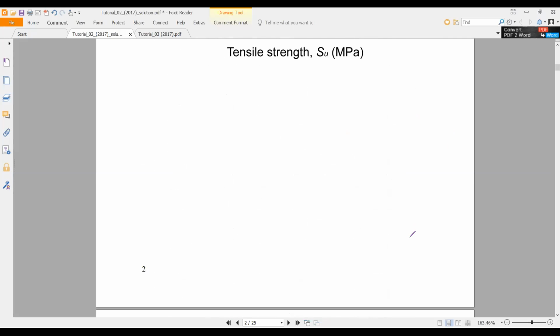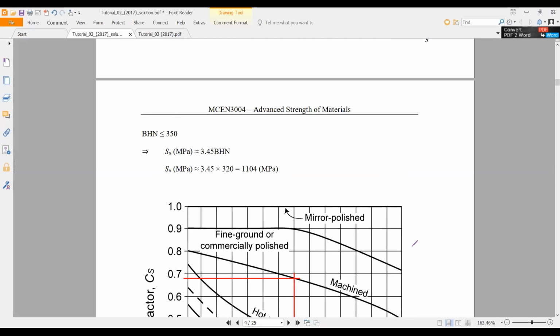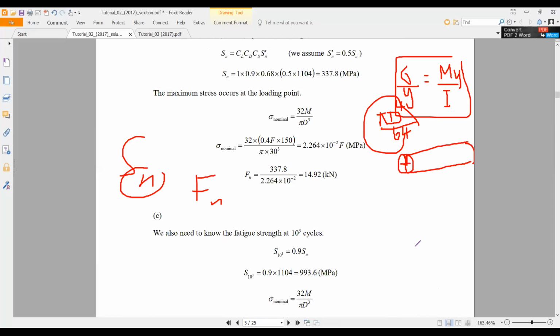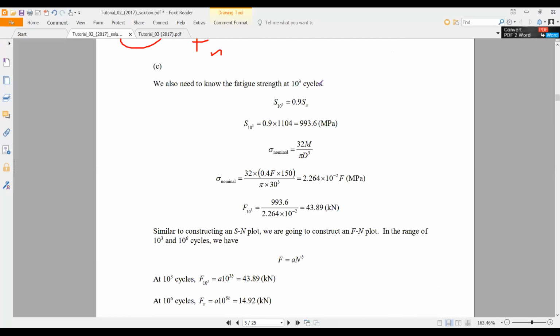So that's why in here, find out the 10 to the power 3 cycle strength. It's basically not changed by the surface factor, dimension factor, anything. So it's simply 0.9 SU. You can get the 10 to the power 3 cycle strength.